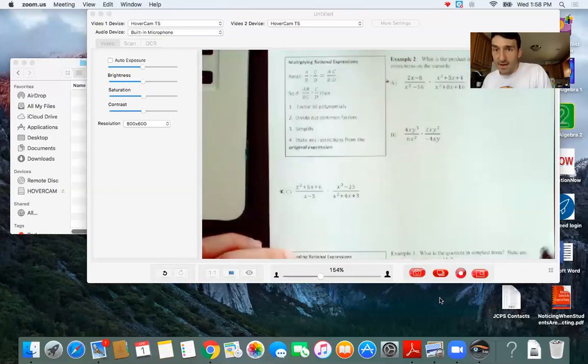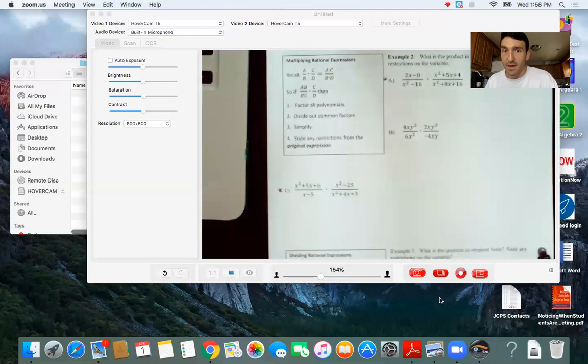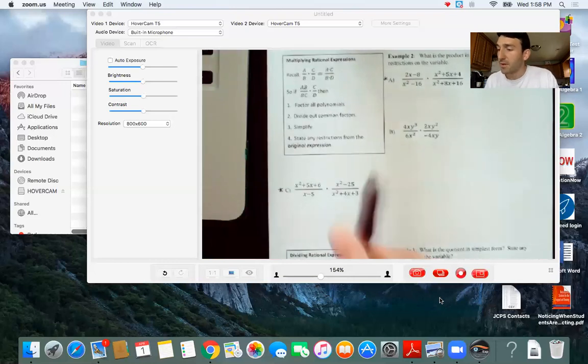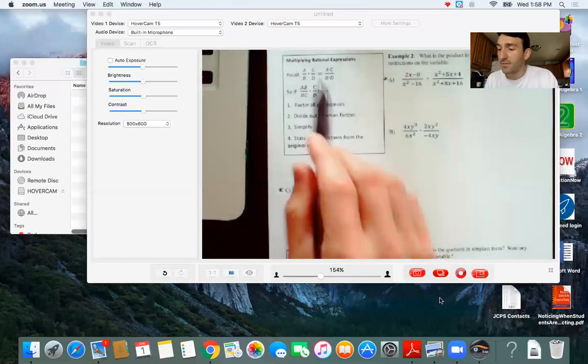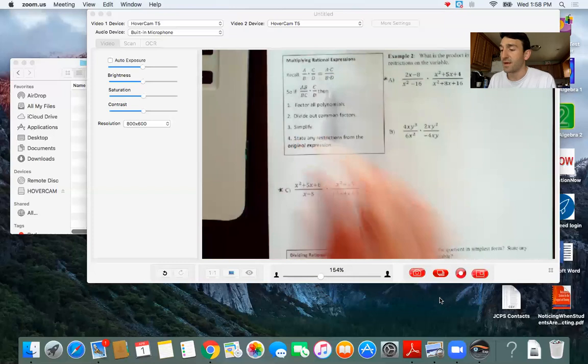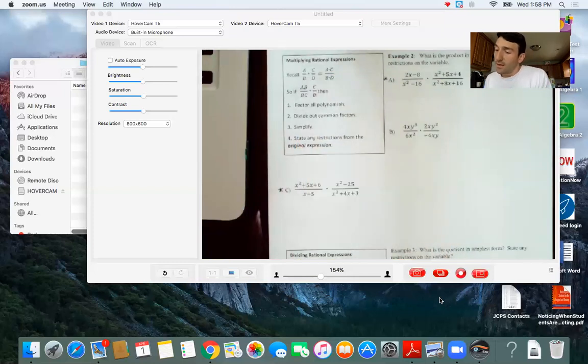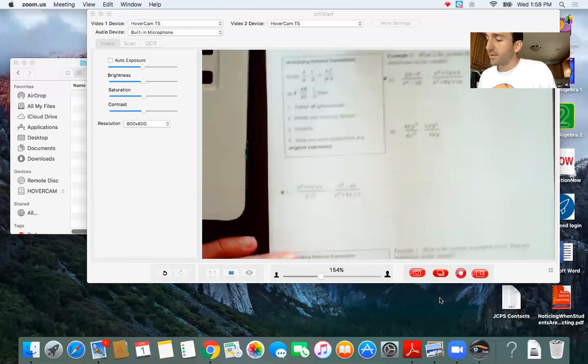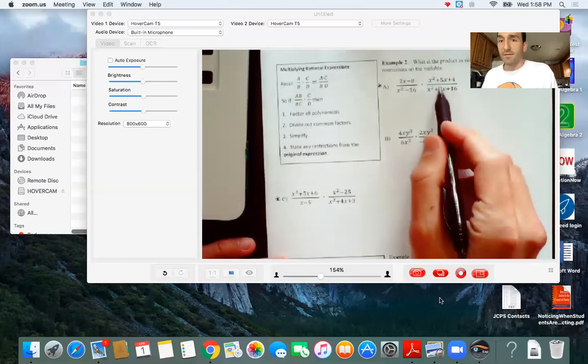Now we're going to add in just an operation, okay? So we're going to be multiplying in example 2, and just a reminder, A over B times C over D is just AC over BD. So we want to again start out by factoring.